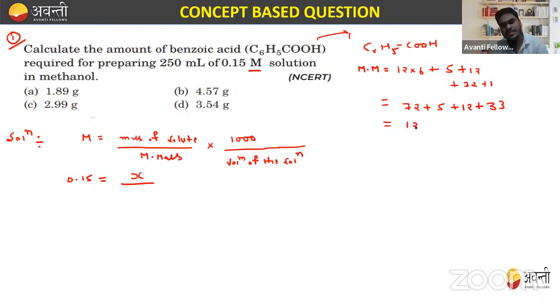So the molecular mass comes out to be 122 gram per mole. This is the molecular mass of benzoic acid, so just put 122 here.